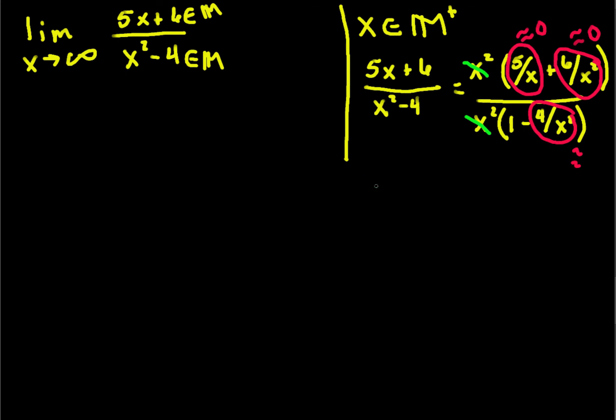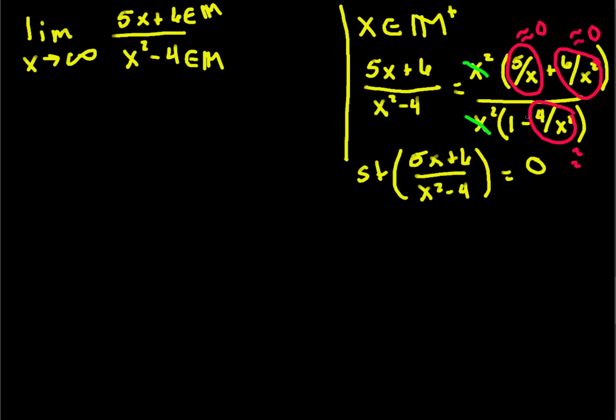So we now know with quite certainty that the standard part of 5x plus 6 over x squared minus 4 is equal to, well, the top is infinitesimal, it's infinitely close to 0, so the top is 0.